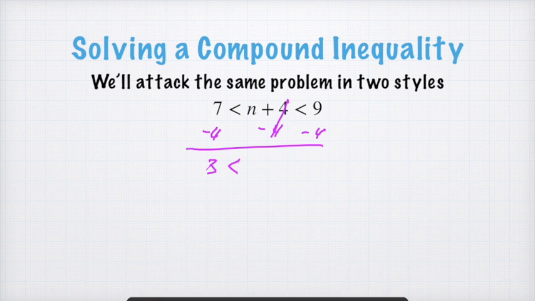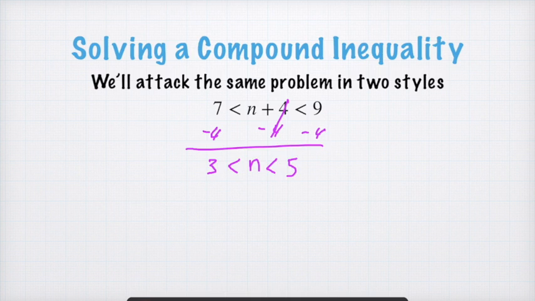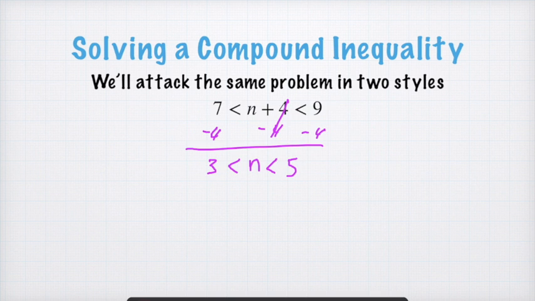The less than sign stays the same. n comes down. Our less than sign still stays the same. 9 minus 4 is going to be 5. So our final answer here is 3 is less than n, which is less than 5, which if we go backwards, you'll notice is 3 is less than n, and n is less than 5. So it's the same thing, it's just written a little bit differently.